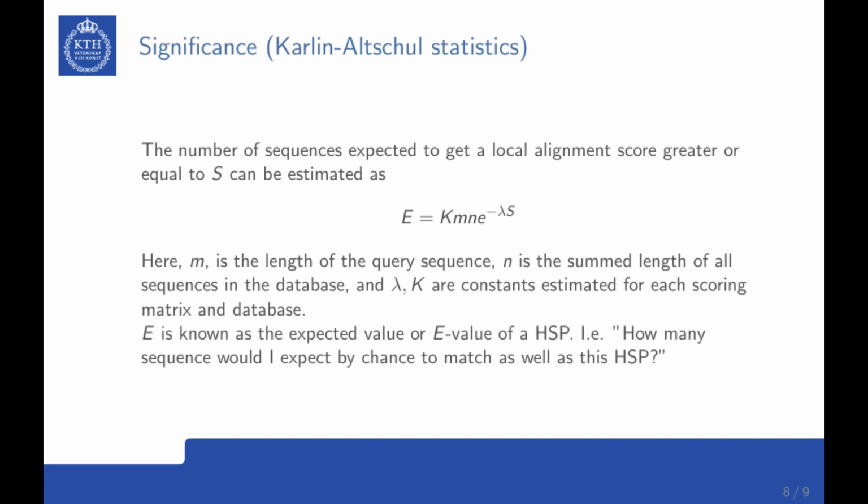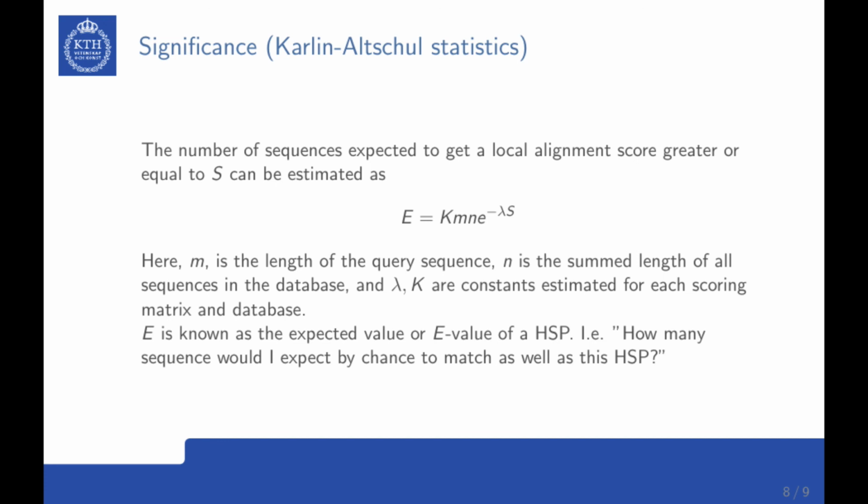And this is done just by executing this formula here, where S is the score that we have achieved, and M and N are the length of the query sequence and the summed length of all the sequences in the database.